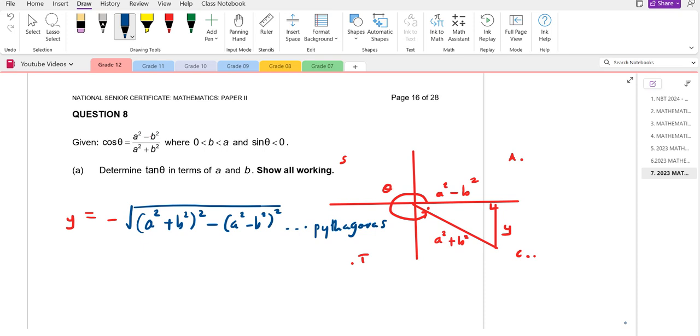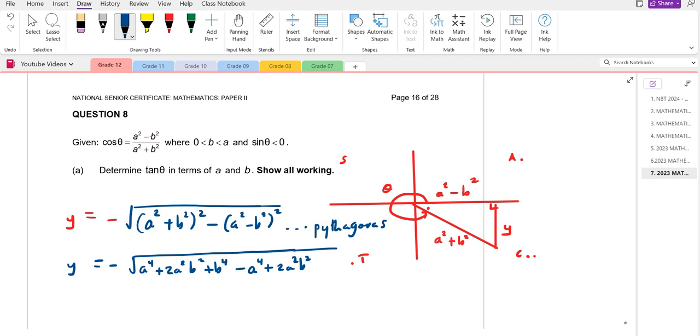So y is equal to negative. Let's work out everything within the square root. So that's a to the power 4 plus 2a squared b squared, squaring a binomial, plus b to the power 4. Now remember, we're going to take the negative inside, so minus a to the power 4, and the middle term over here is minus 2a squared b squared, so plus 2a squared b squared, minus and minus.